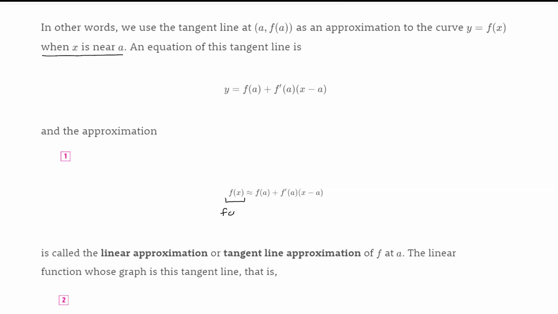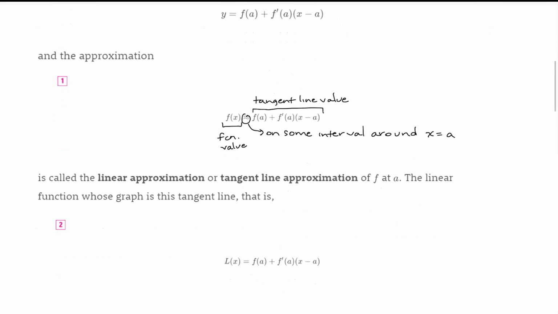Okay, so what we have in this box, equation 1, we have f of x, that's the actual function value, and then we have f of a plus f prime of a times x minus a. I don't know if you recognize that. That's the tangent line value. And what this is saying is that they will be approximately equal on some interval around x equal a.